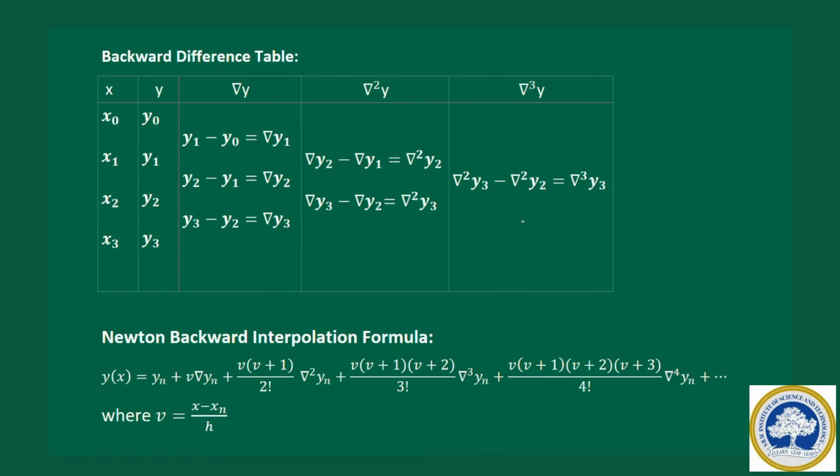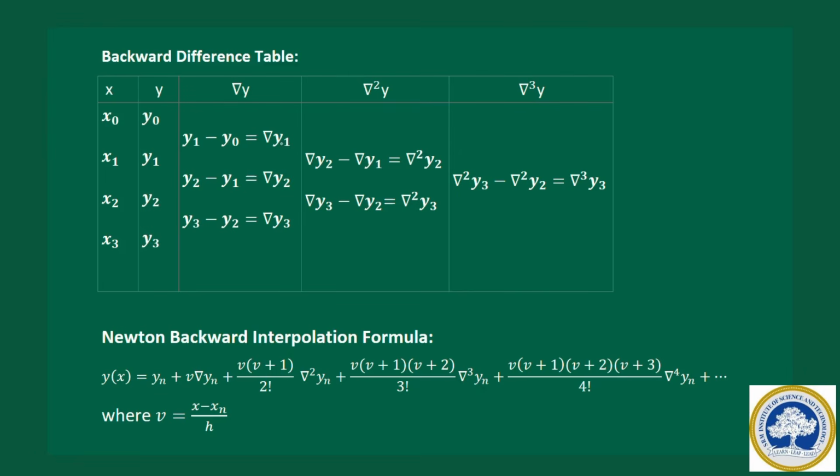Similarly, if we see the backward difference table, the difference is the same, that is we are taking the difference y1 minus y0, y2 minus y1, here also second value minus the first value, but the notation is different. Here we use the del symbol, that is inverted delta, and this should be denoted as del y1.